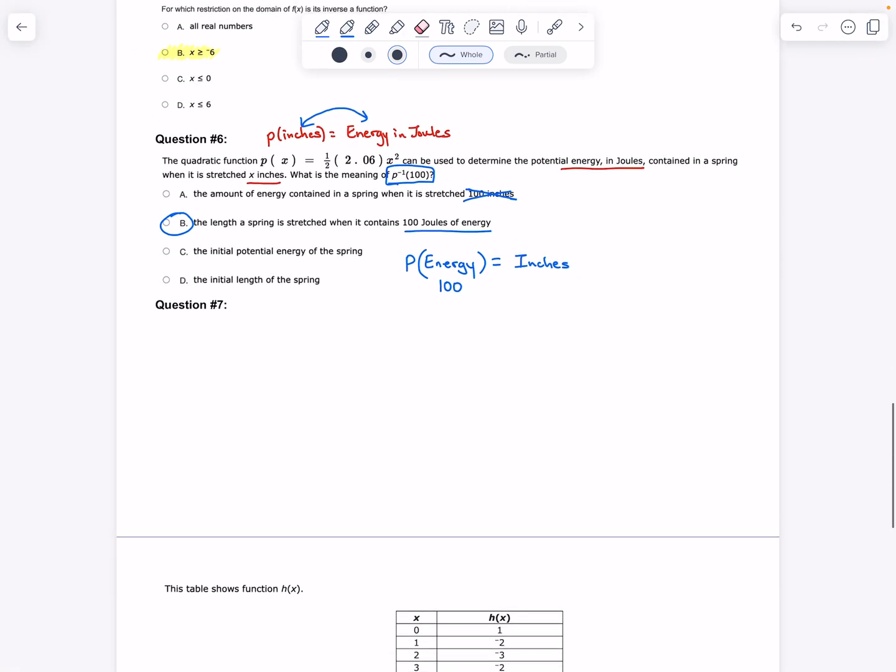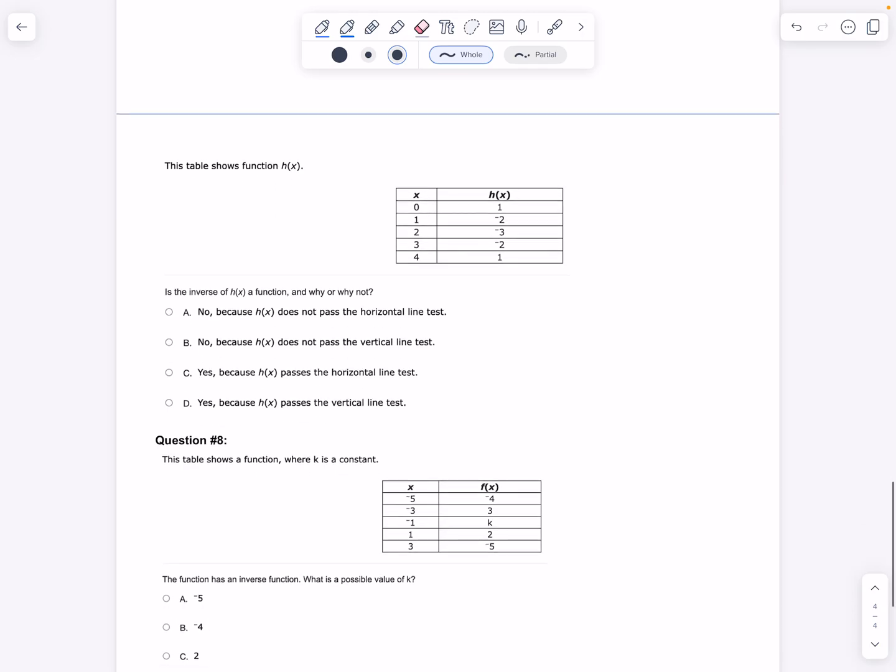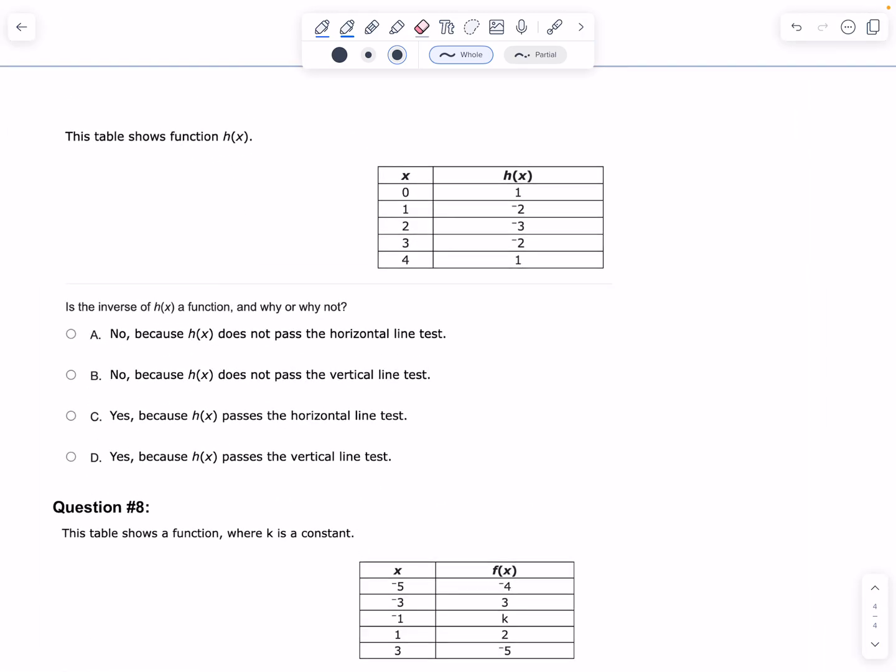All right, let's look at number 7. 7 says the table shows function h of x. The inverse of h of x, is the inverse of h of x a function, and why or why not? So what we can do is the same thing that we have been doing, is picking out, does each x value pair up with only one y value?